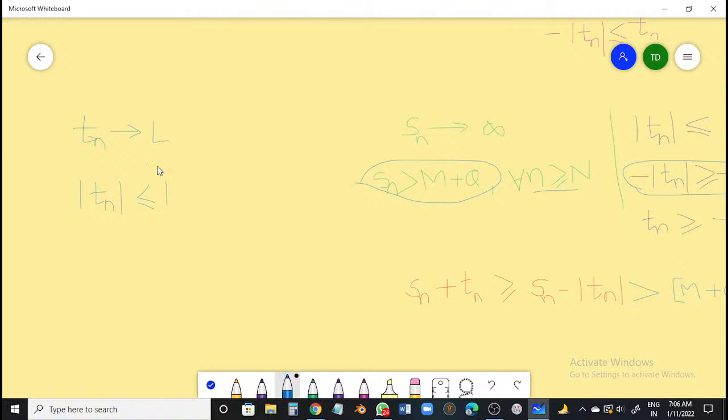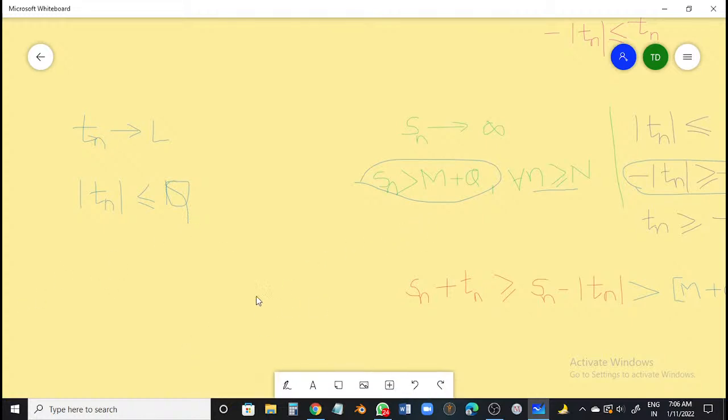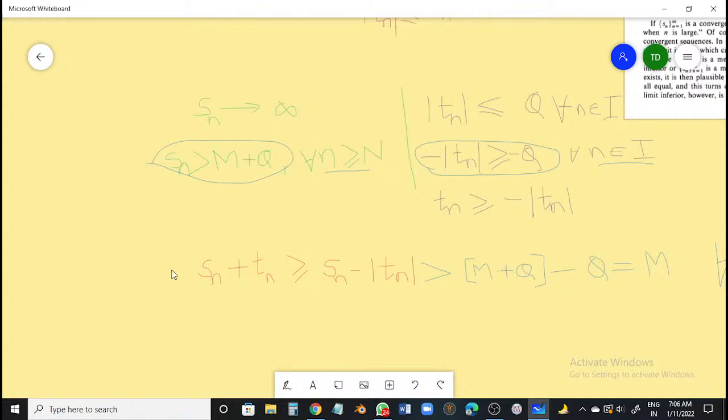So obviously we will be dealing with some Q again, and going with the same kind of result, we can show that Sn plus Tn is greater than or equal to this M, meaning thereby this Sn plus Tn is divergent.